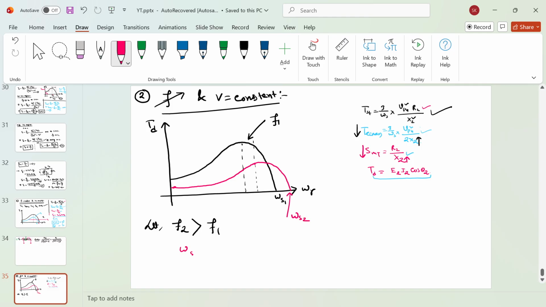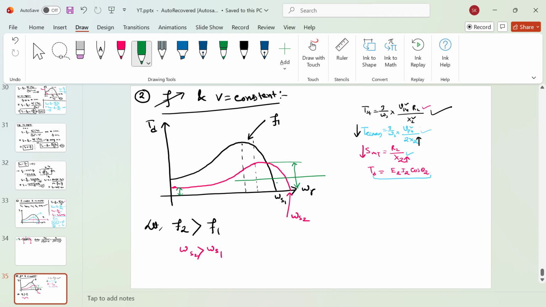Let's say you had a constant load torque. The important thing is, this time you have a reduction in the electromagnetic maximum torque also, and there is a reduction in starting torque.